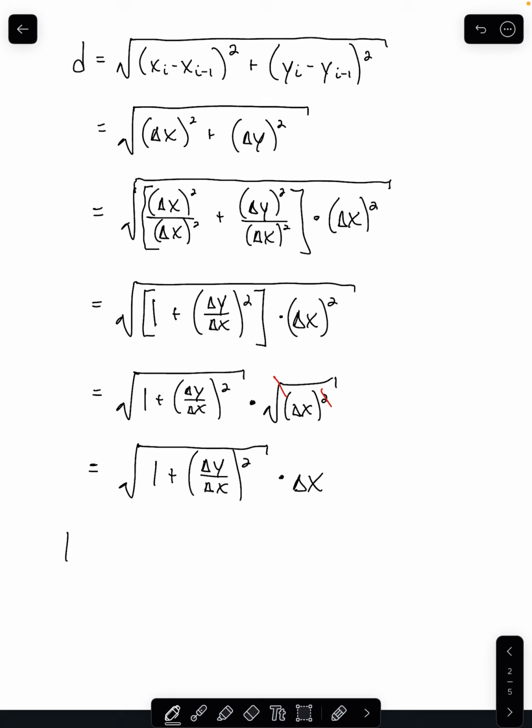Thus, the length of the arc is approximated by the sum from 1 to n of the square root of 1 plus delta y over delta x squared times delta x.